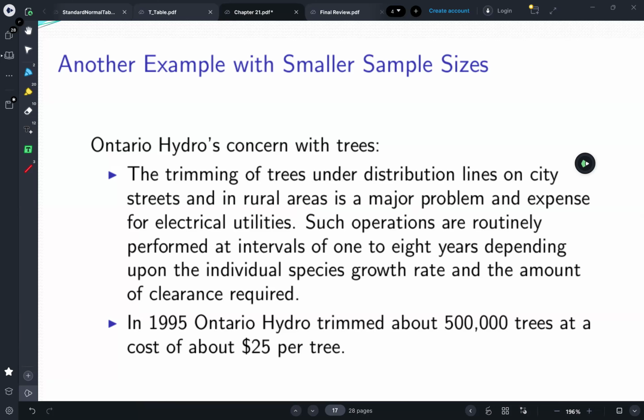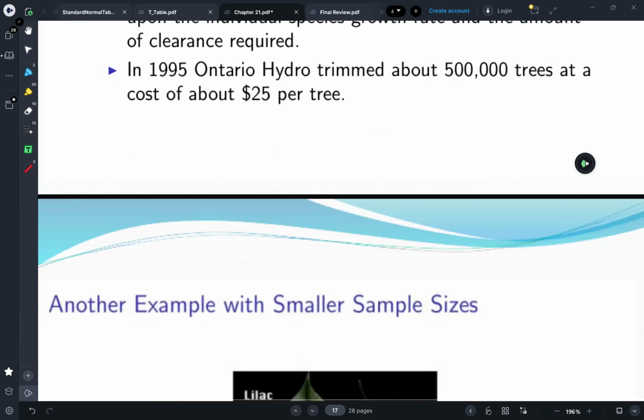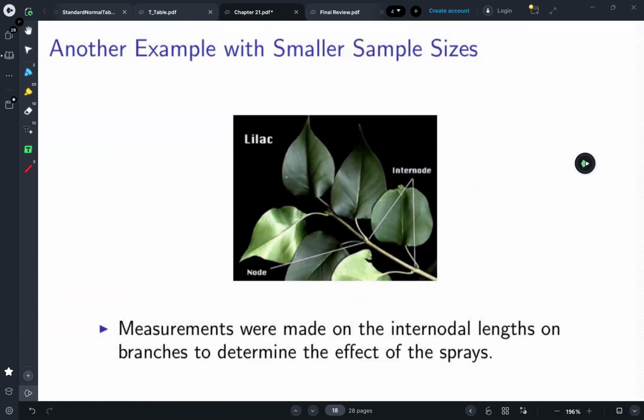So what they did was a test to see if we spray them, we can slow the growth down of these trees with this toxic chemical. I'm not sure if it's still being done, but they have measurements that they did on the internodal lengths of the branches to determine the effect of the sprays.